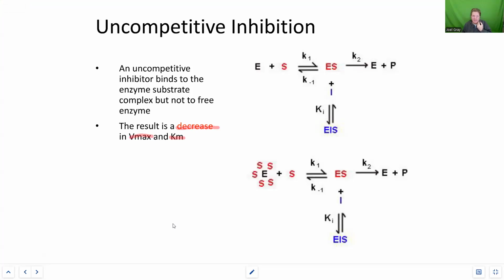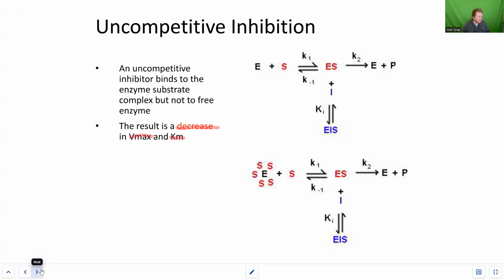What this model in the lower right-hand corner is showing is that if we were to increase the substrate concentration, we're not changing anything. The enzyme is still going to go on to make the product. Your kinetic parameters aren't going to change. Your Vmax is not going to change even if you increase the substrate concentration, because it's not a question of can the enzyme bind the substrate.